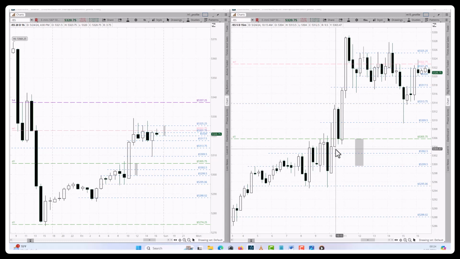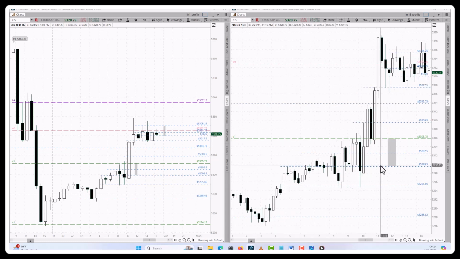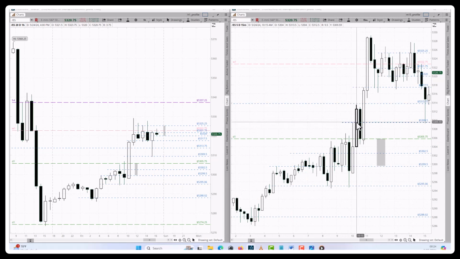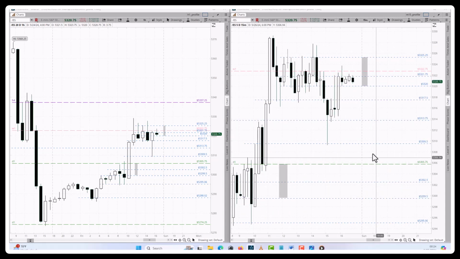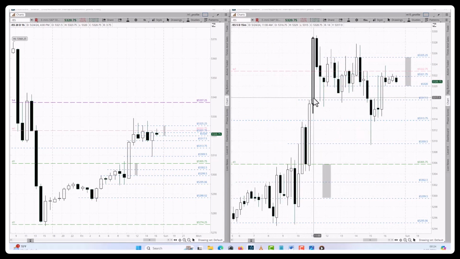So we see that whenever you have one leg up and it breaks and then reverses back right away, that is a signal that it's going to be a second leg up. The same with the leg down right there. Second leg down, when you see a break and reverse back right away, in this case it's going to be a second leg down.